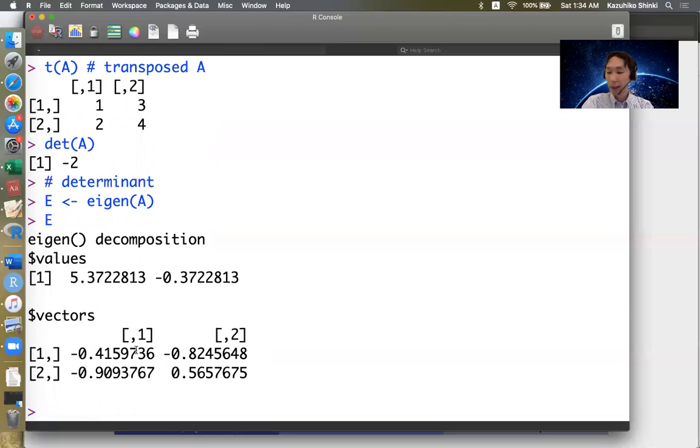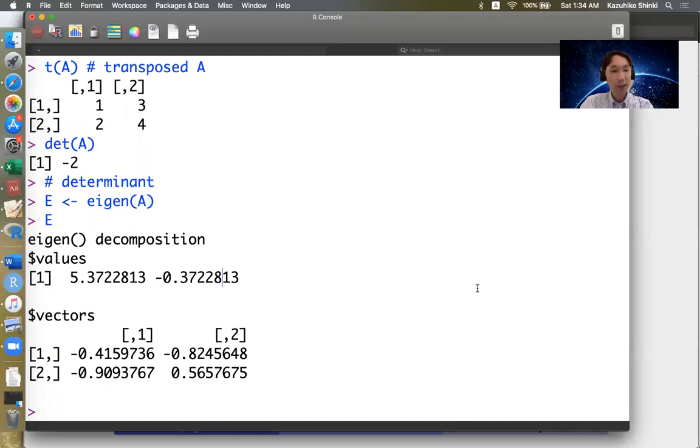You can see these column vectors, negative 0.4 and negative 0.90, and negative 0.82 and 0.56. These two column vectors are eigenvectors, and the corresponding eigenvalues are 5.37 for the first column and negative 0.37 for the second one.